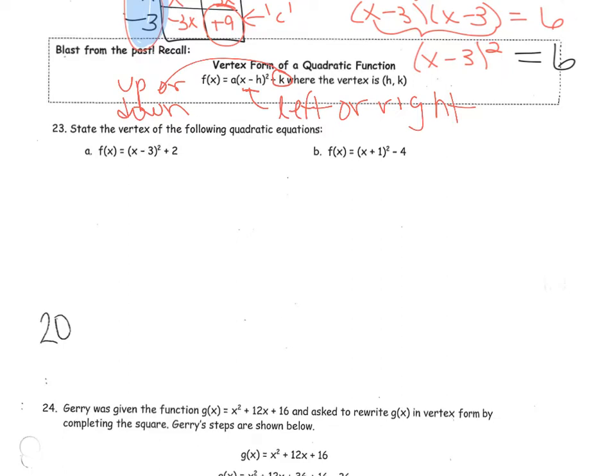The opposite of subtraction would be addition, so we're going to the right by h. And this plus k here means we're moving up by k, which means my vertex is going to be h comma k, because I went right by h, up by k. All right, that's really important.